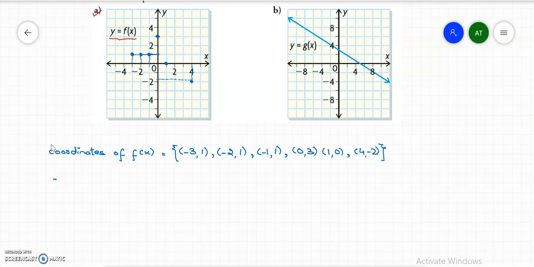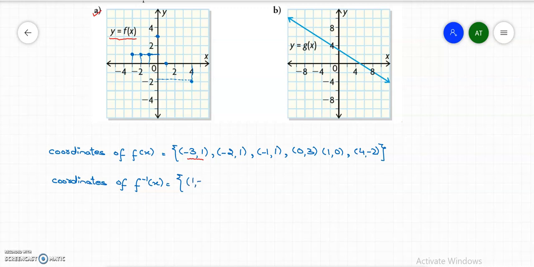Now let me list the coordinates of f inverse of x. To get the coordinates of f inverse of x, we have to switch the x coordinates with y coordinates, right? We need to switch their positions.